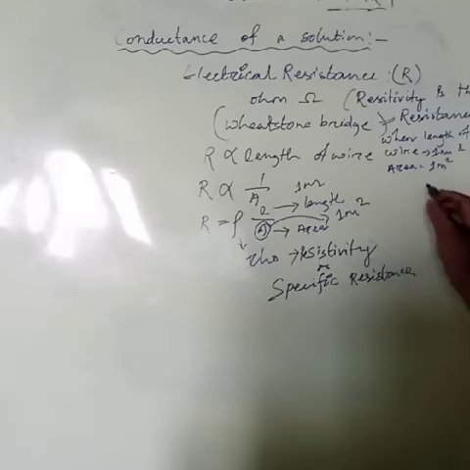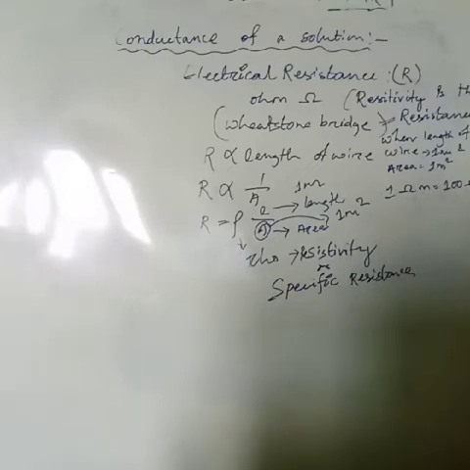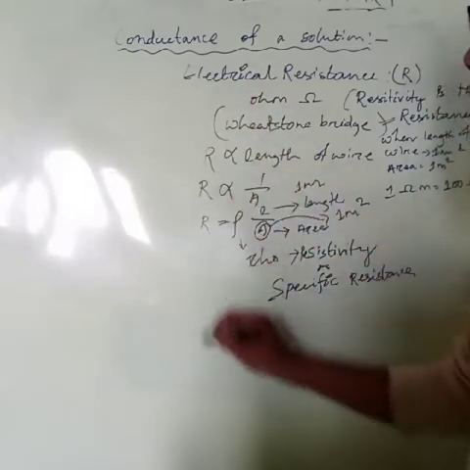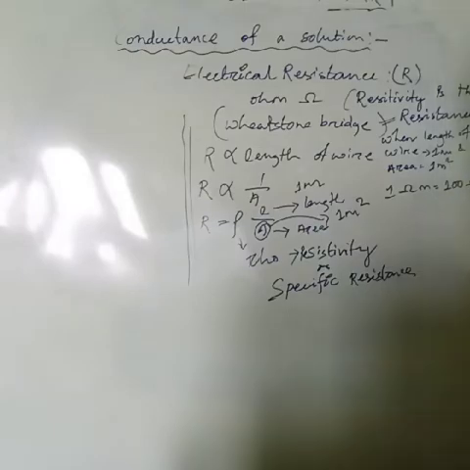Then you can write 1 ohm meter equals 100 ohm centimeter. So this is all about your resistivity and resistance.